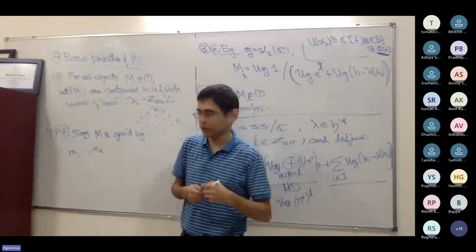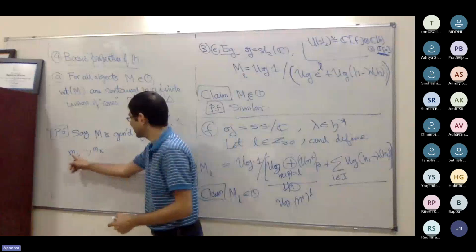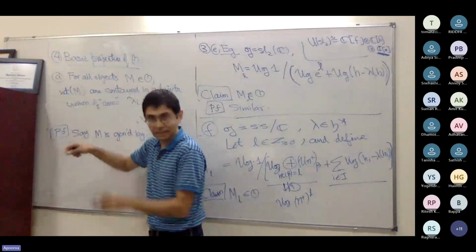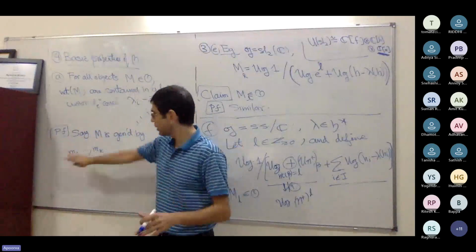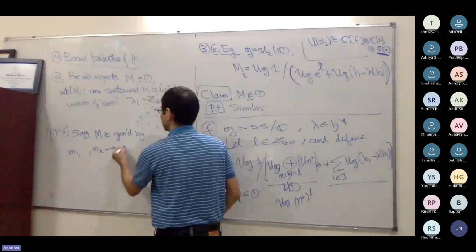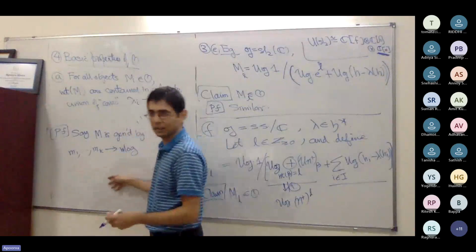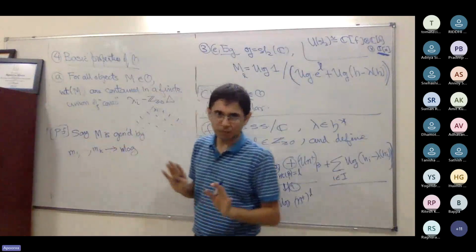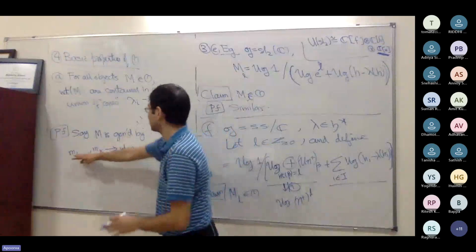Without loss of generality, I can assume these are all weight vectors themselves. Just take the updated list and call that m_1, m_2, m_3.